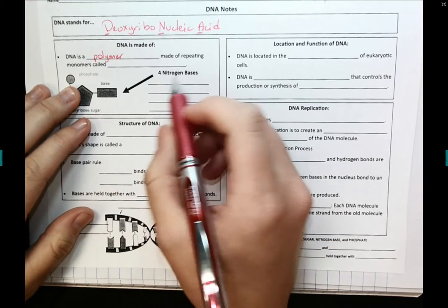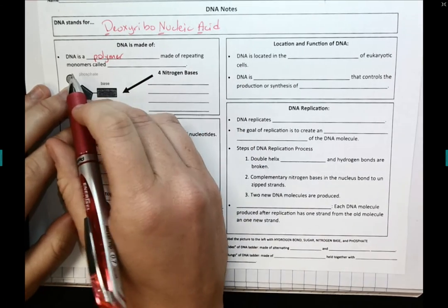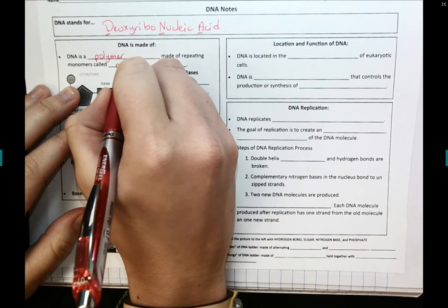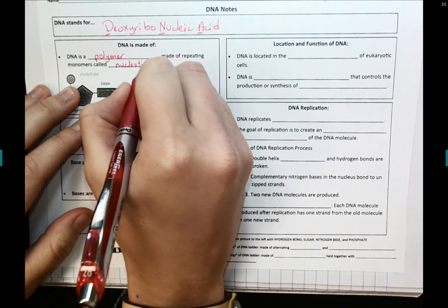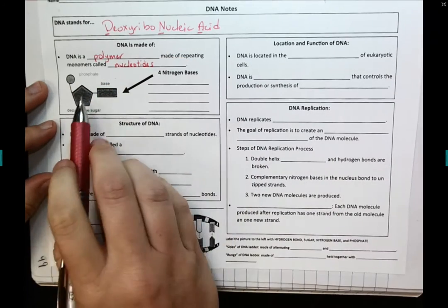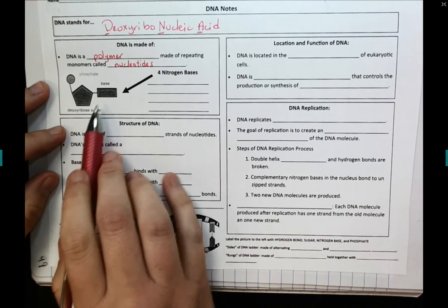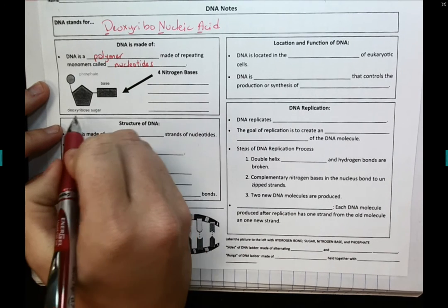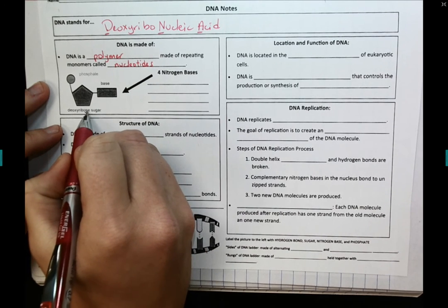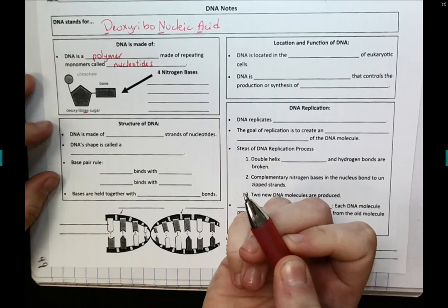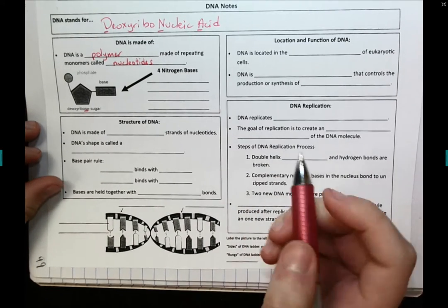So it's a polymer made of repeating monomers called nucleotides. And a nucleotide is a phosphate, sugar, and a base. And because this is DNA, the sugar is deoxyribose sugar, because we know sugars end in ose.